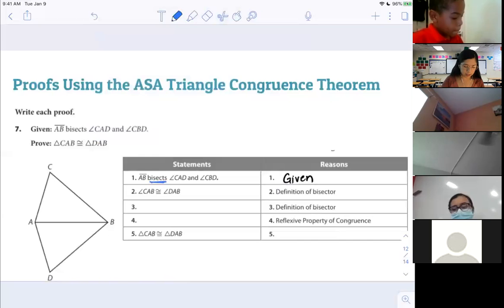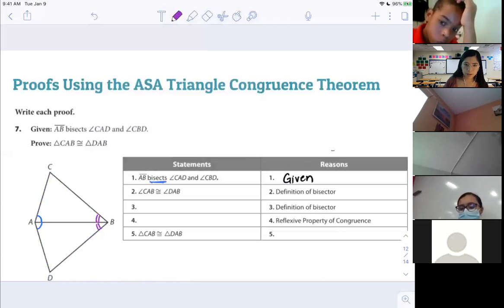So if it's bisecting this whole big angle over here, then I can split that into two, and I know that this angle is congruent to this angle. I also know that it splits up this bigger angle over there. So I know that this angle is congruent to this angle. So I know this so far.